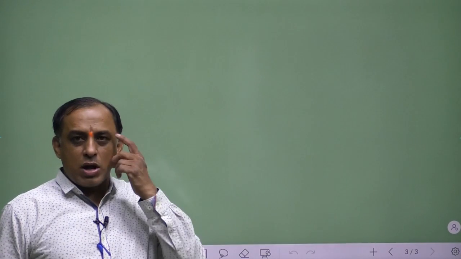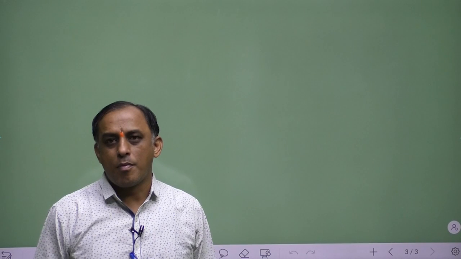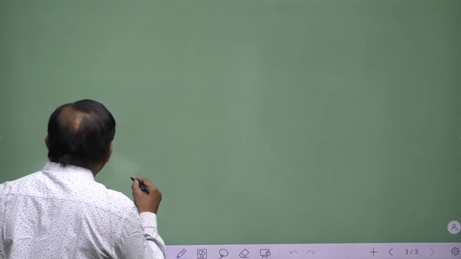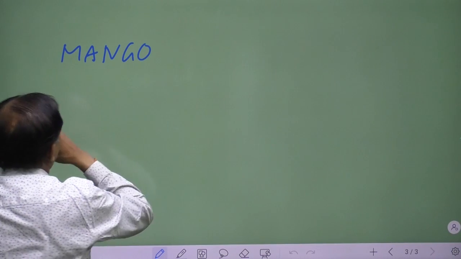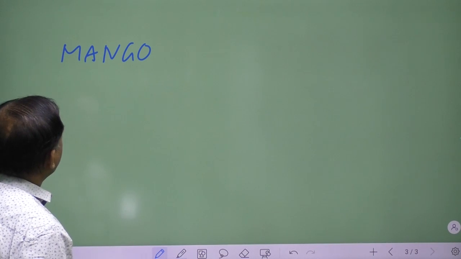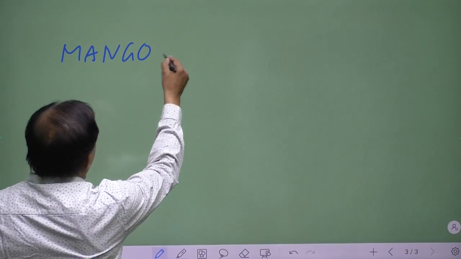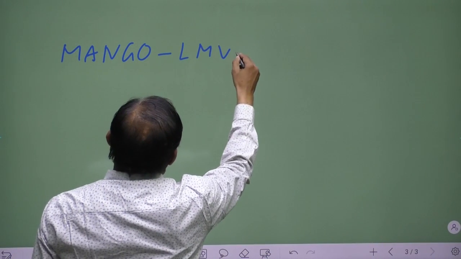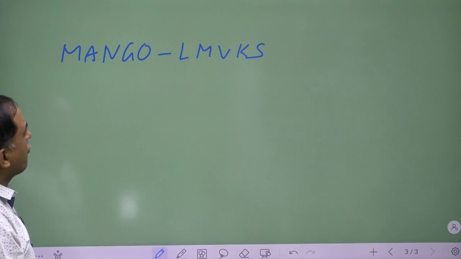Next question. In a code language, mango is coded as L-M-V-K-S.